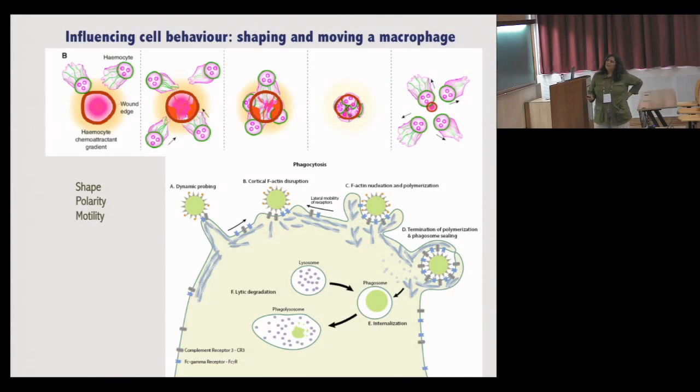Here's a wound edge, a wound that's been inflicted in a tissue. What people have seen is that when you make a wound in a tissue, these macrophages actually direct their motion and come very close or become recruited to the wound edge, right?